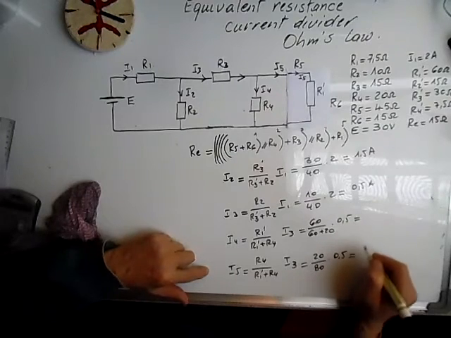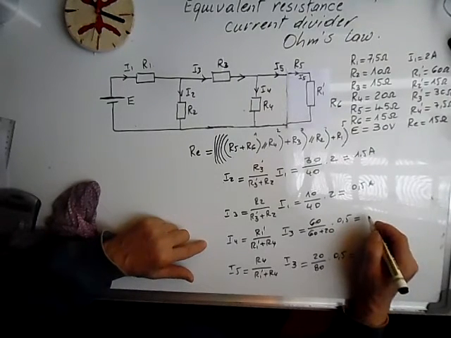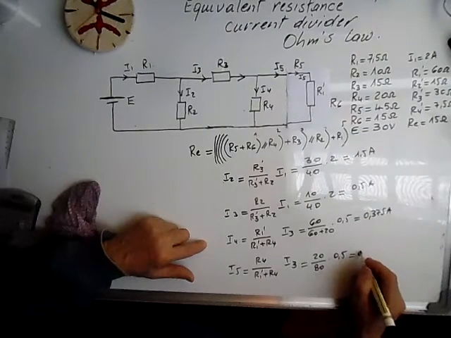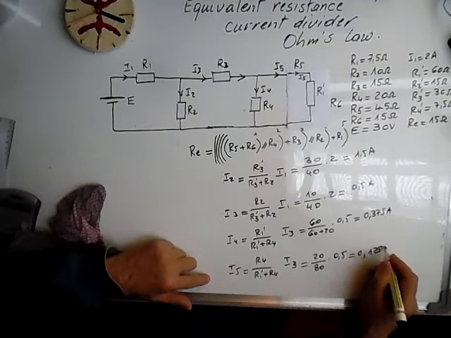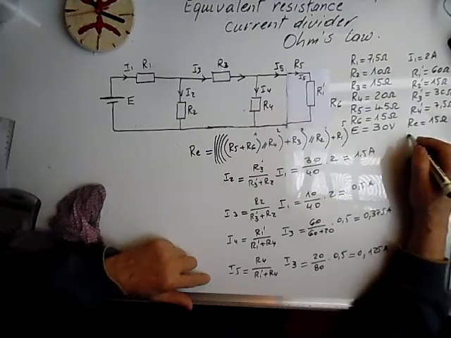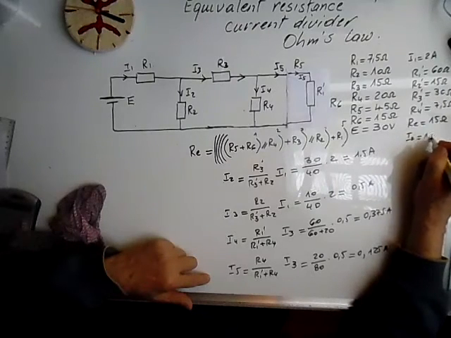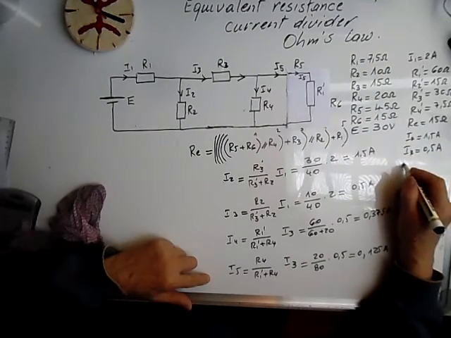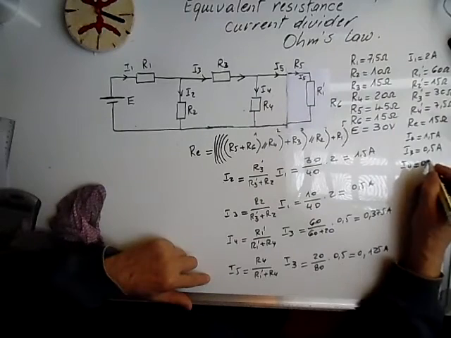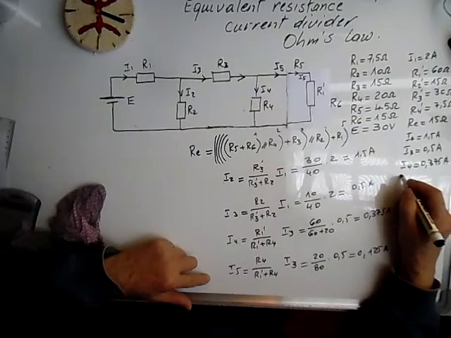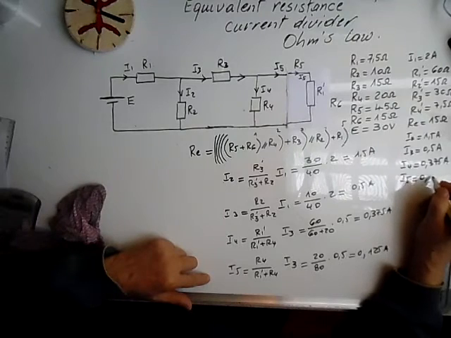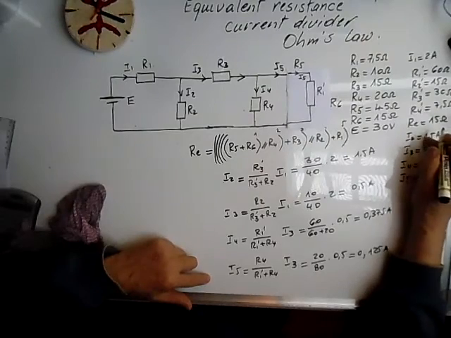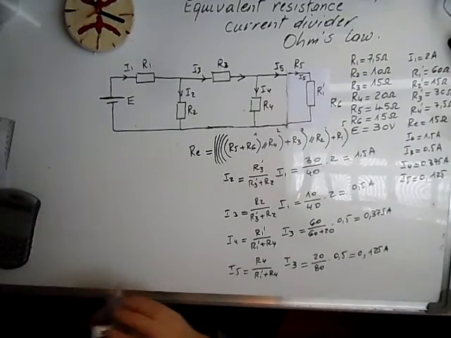This will give us I4 equal to 0.375 amps, and I5 equal to 0.125 amps. Let's write them here so as not to forget them: I3 is 0.5 amps, I4 is 0.375 amps, and I5 is 0.125 amps.